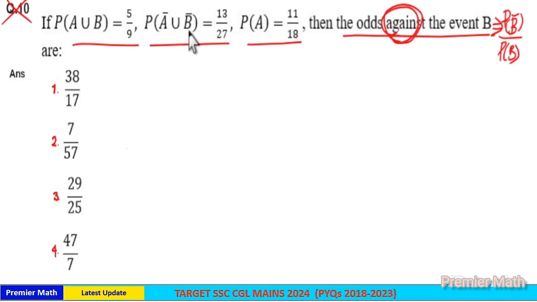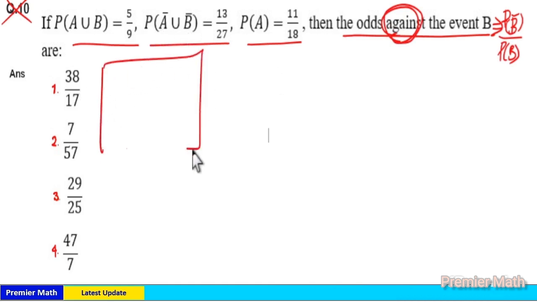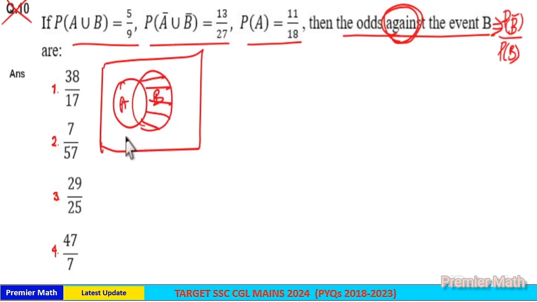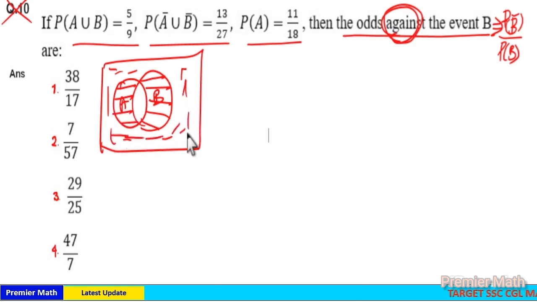Now here P of A naught union B naught is equal to, this is set A and this is set B. Now P of A naught means things which are not in A, which is equal to this shaded region plus this shaded region. Now P of B naught means things which are not in B, which is equal to this shaded region plus this shaded region.